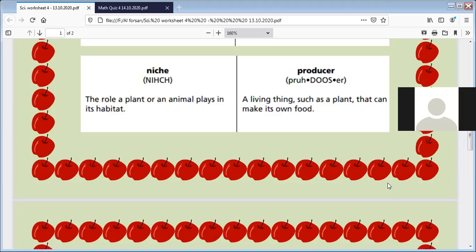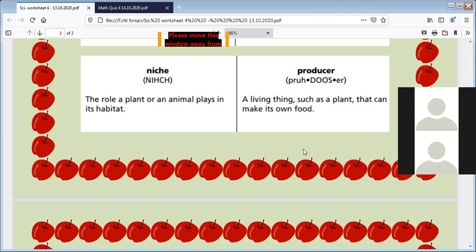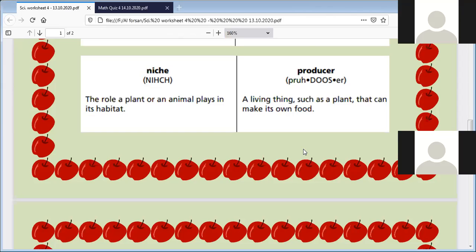Okay. Ammar, what do you think about plants? Are they a producer? Yes. Why? If I see an organism, how can I say it's a producer? How can you judge that? A producer can make its own food.